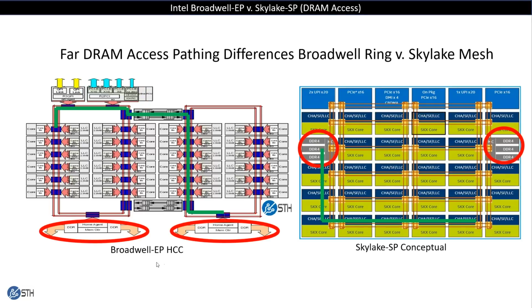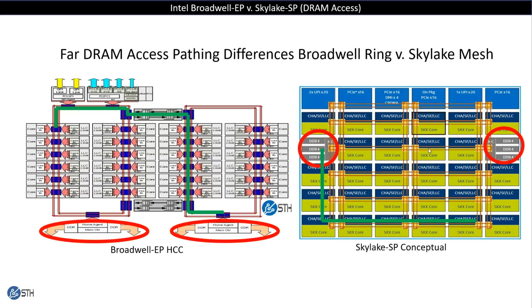Here's an example of a memory access where a core from one side of the old ring structure would have to traverse several hops on the first ring, go across the bridge, traverse more hops, and then finally get to a memory controller. Whereas in the new Skylake mesh architecture, it can just continue on using the standard mesh structures that are there.